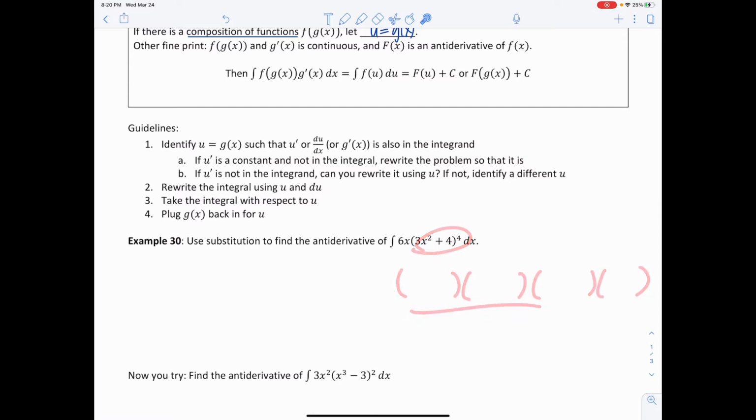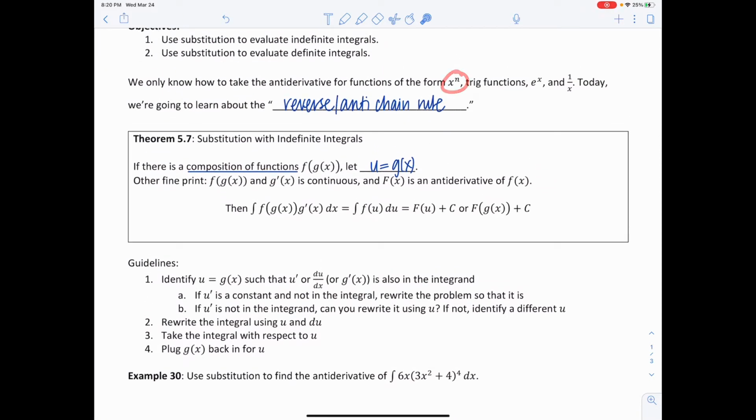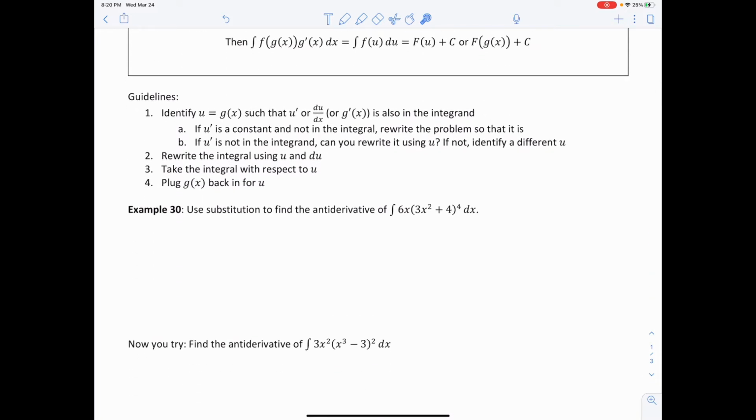That's a lot of multiplying out, and then distribute the 6x so that you have a polynomial or a bunch of power functions, and then you could use the power rule for integrals and take the antiderivative. But what you'll notice here is that this is a composition of functions, and this is the derivative of the inside function. Okay, so step 1 is to identify the inside function and call it u.